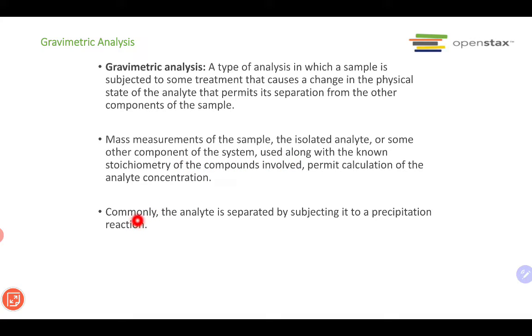For example, most commonly, the analyte can be subjected to precipitation. Okay, that's one way. Another way that we can measure the amount of something in a solution is if we just precipitate it out and dry it and weigh it.